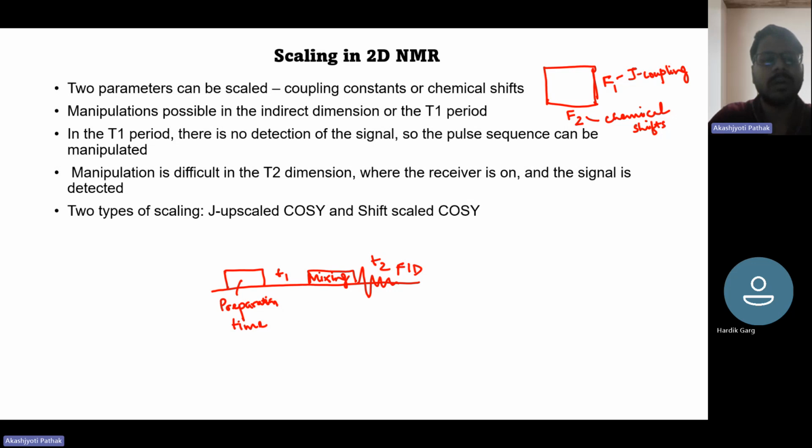Okay. Yeah. So there can be two types of scaling. One is the J upscaled POSI, and the other is the shift scaled POSI. Okay.